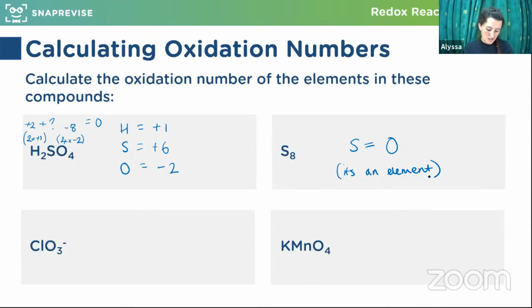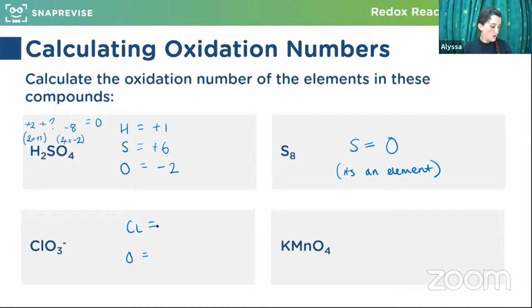Lovely. Really good, guys. What about this one then? What about chlorine and oxygen in ClO3 minus? What are our oxidation states of oxygen and chlorine in this ion? Nice, lovely. Okay, just double check.